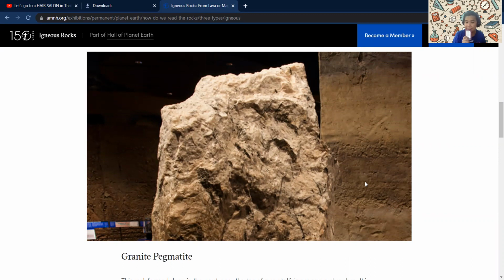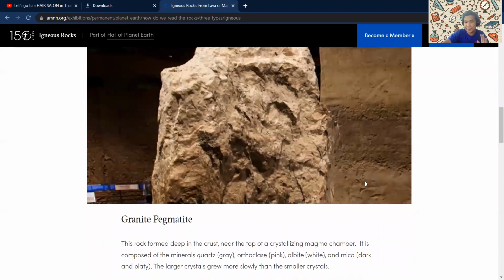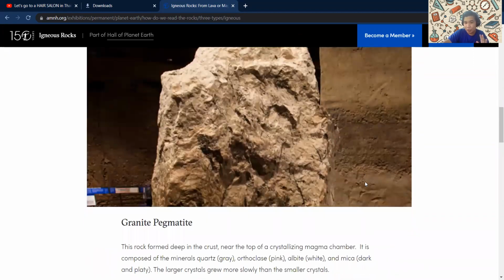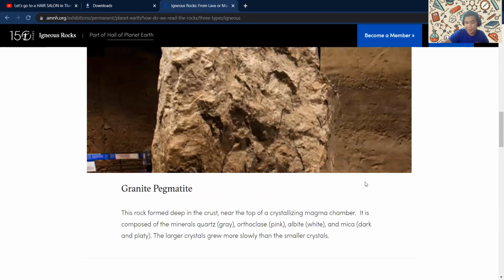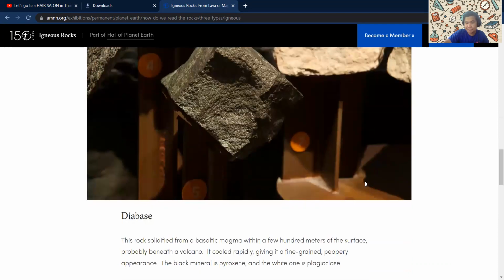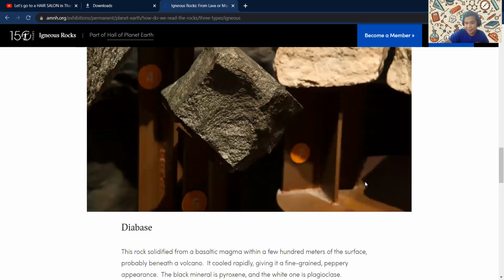This granite pegmatite is right here. It's near it, but it's not directly touching the magma. And it looks like this. It looks a bit coarse with different colors, the main color being gray or white. That is granite pegmatite.